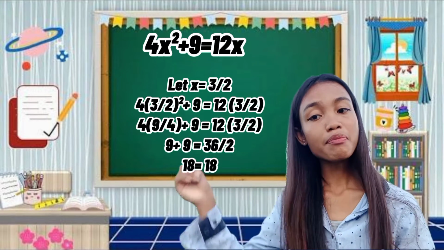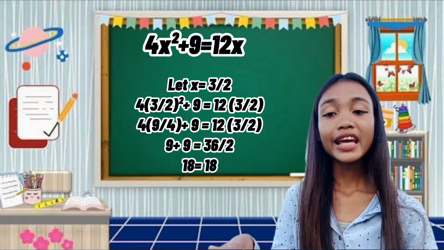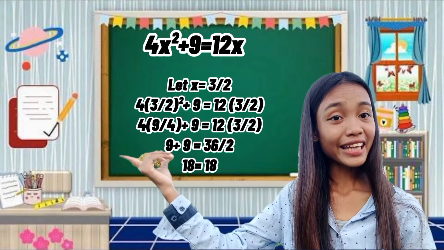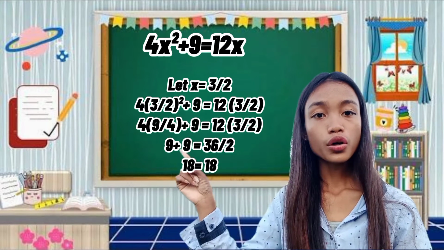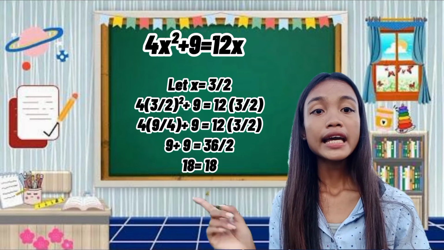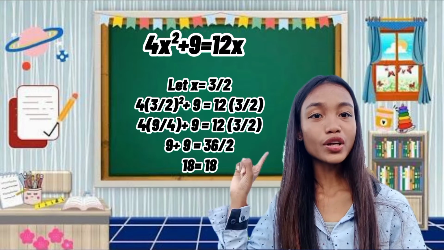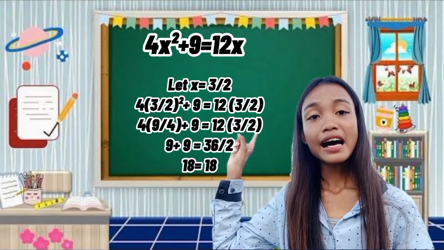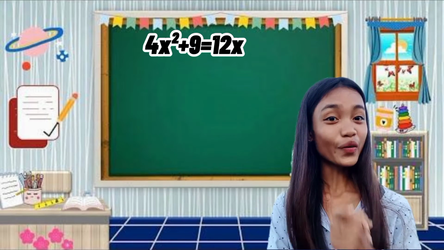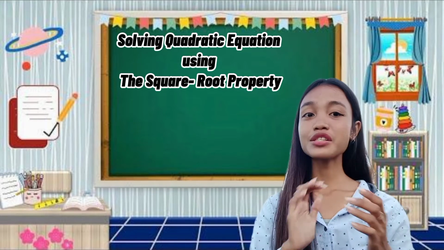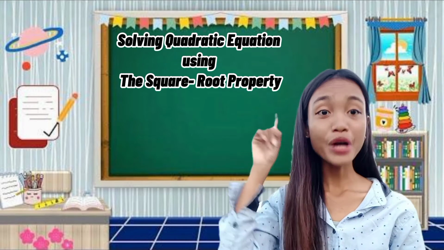Then multiplied by 4, we have 9 plus 9 is equal to 18. On the right side we have 12 times 3 halves is equal to 36 over 2, which is 18. So 9 plus 9 is equal to 18, and it is equal.